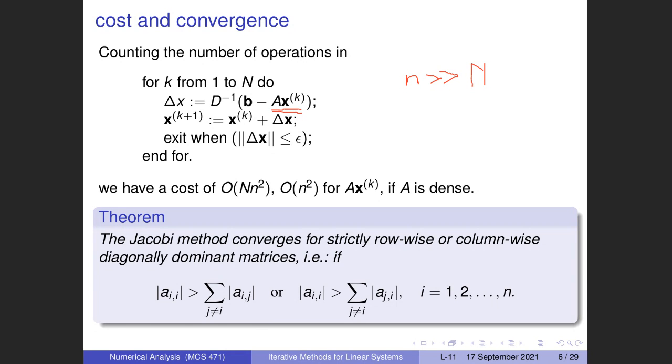So what mattered with the LU factorization was also that we picked somehow the largest element on every column. Here what also matters is that we have a matrix where the diagonal elements are dominating. So the elements on the diagonal are larger than the sum of all the elements off the diagonal, seen row-wise and seen column-wise.